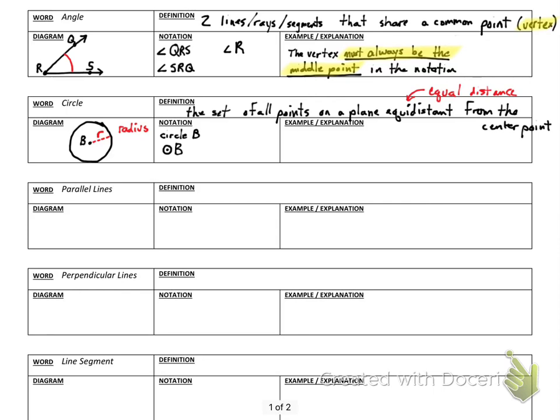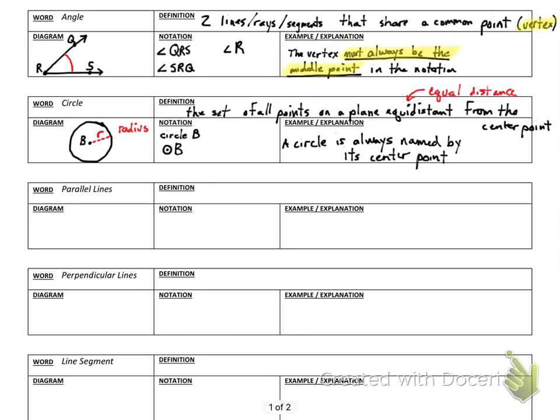The one thing I wanted to add here, because we have our notation now, just under example/explanation, just add: a circle is always named by its center point. Okay, so that basically covers everything you need to know about circles.